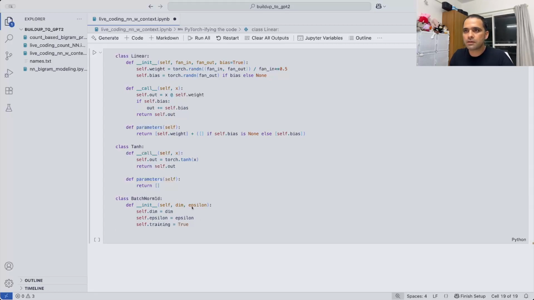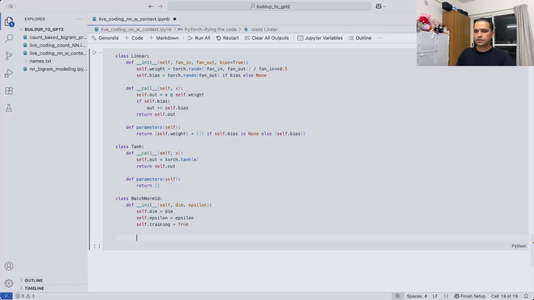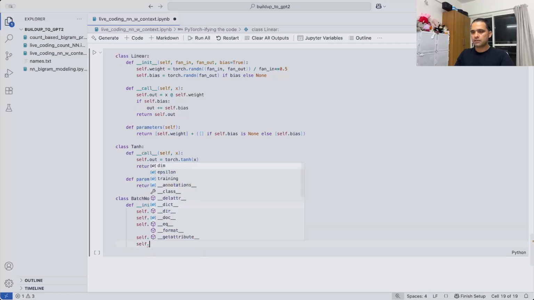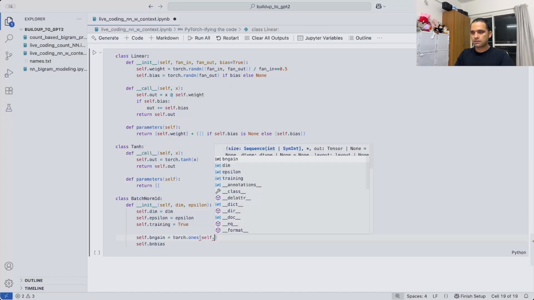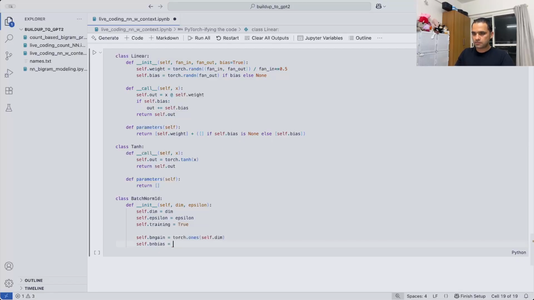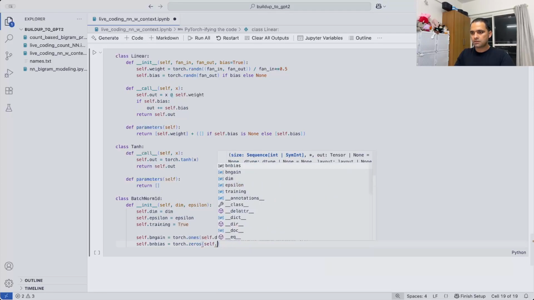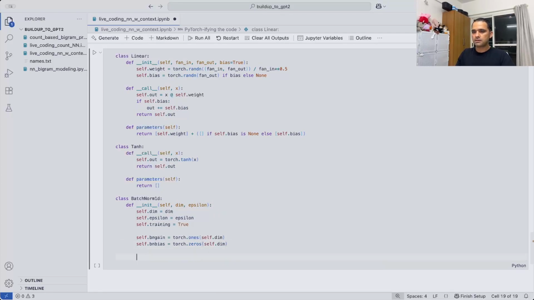Once we have that, we'll also need to initialize self.bngain and self.bnbias. These would be nothing but torch.ones of self.dim and torch.zeros of self.dim.